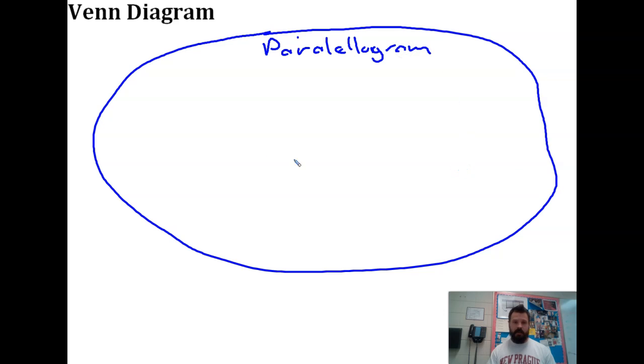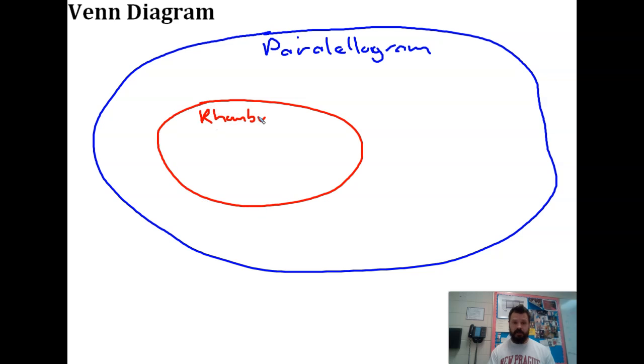Within that blob, let's make a smaller blob to represent all rhombuses. Since the rhombus is completely within the parallelogram circle, if it is a rhombus, we know it's a parallelogram, but there are parallelograms that are not rhombuses. They're represented by all this space outside of that rhombus circle.